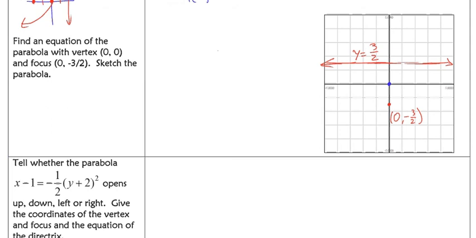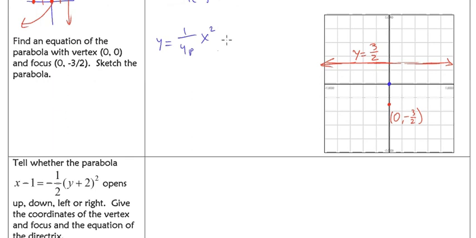And actually, this is sketch the parabola. Let's make a little bit more exact graph as we go along. So let's write the equation. y equals 1 over 4 times p times x squared. Our p-value again is negative 3/2.